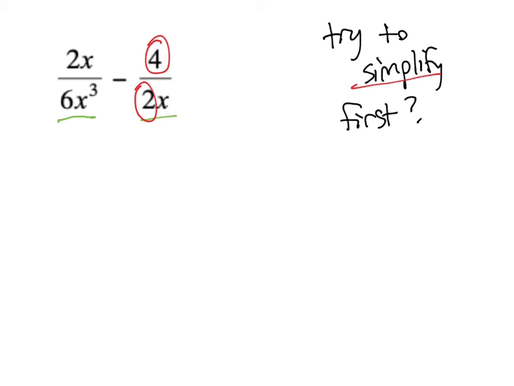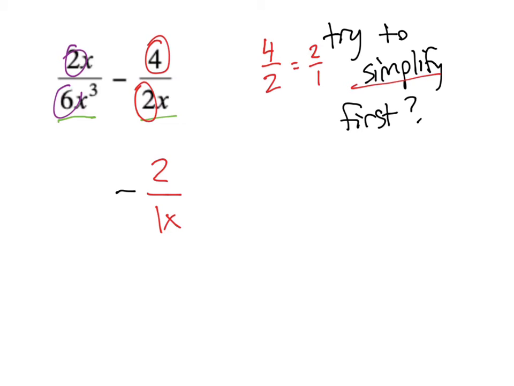So the fraction 4 over 2, well, that just simplifies to 2 over 1. So another way that I could write this expression on the right is 2 over 1x, or just 2 over x.